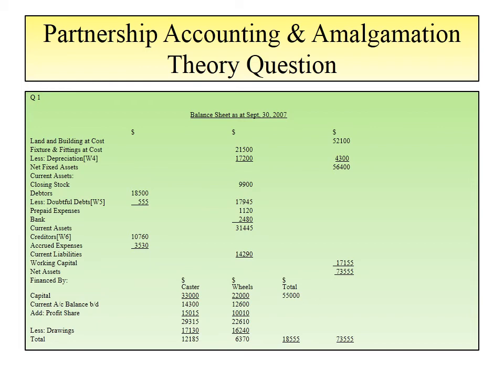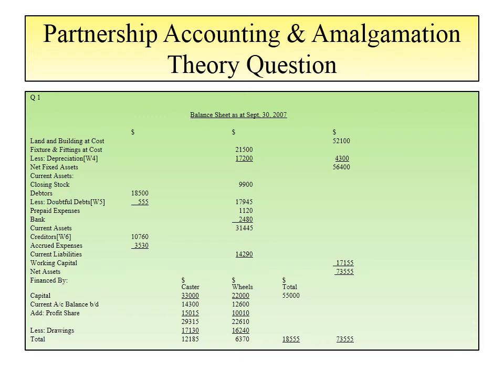When it is added up, we get the current liabilities 14,290, and if we deduct total current liabilities from the current assets, we get the working capital, and this is added up to the net fixed assets. So we get a total of net assets as 73,555.